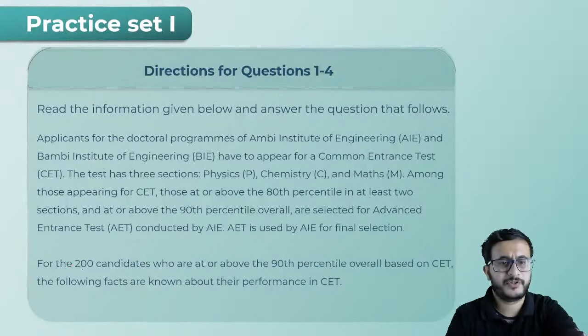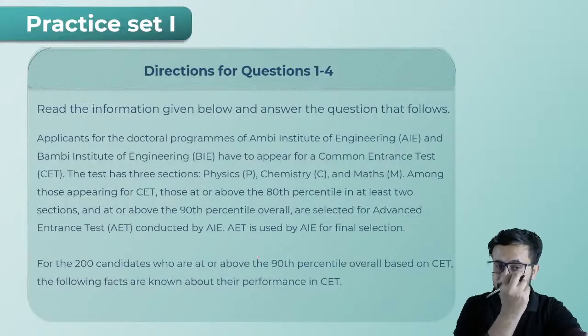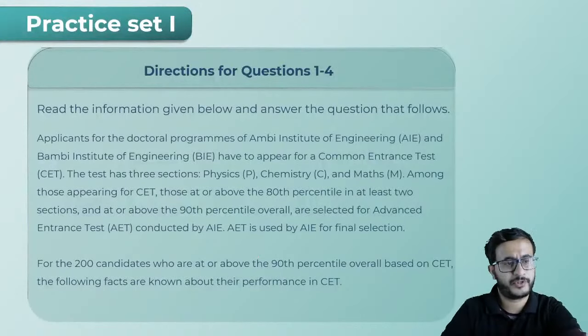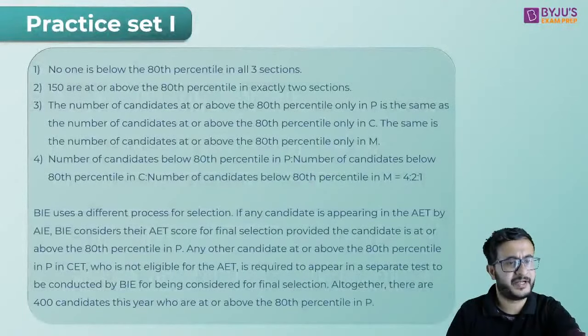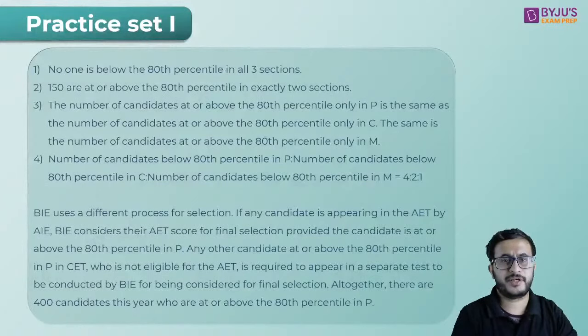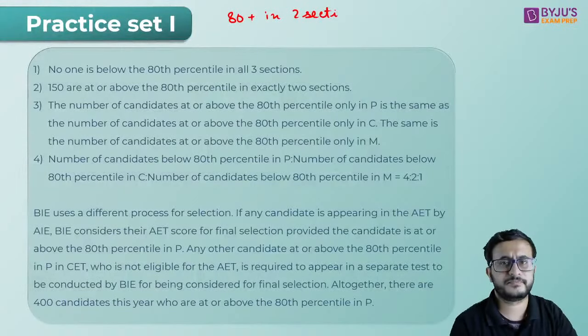For the 200 candidates who are at or above the 90th percentile overall based on CET, the following facts are known about their performance in CET. So there are 200 people who had above 90 percentile overall. Now we will have to check for the individual section-wise percentile whether it is above 80 or not. So the criteria is 80 plus in two sections plus 90 plus overall.